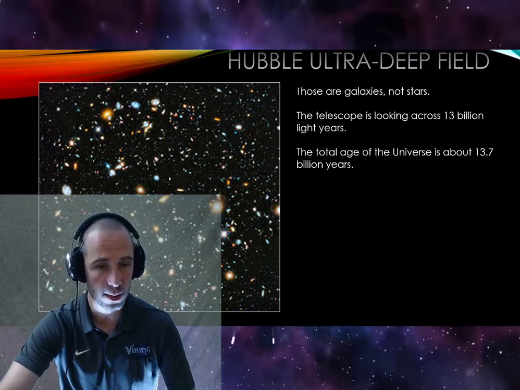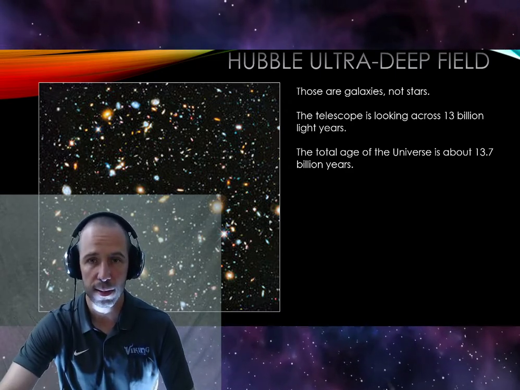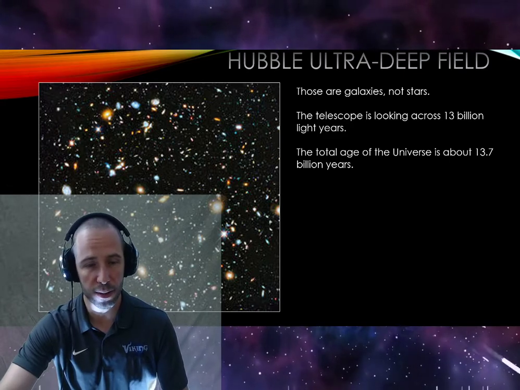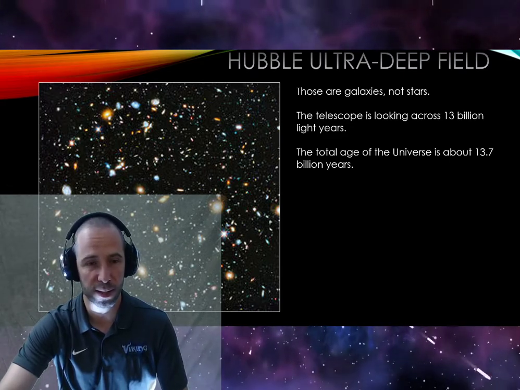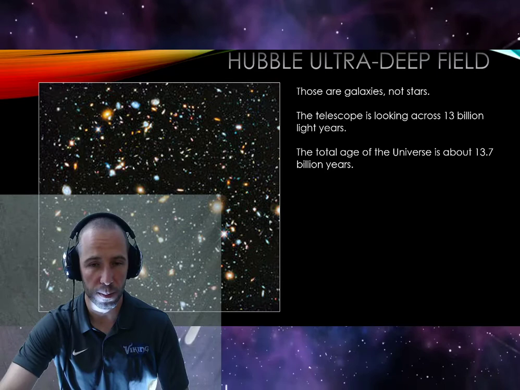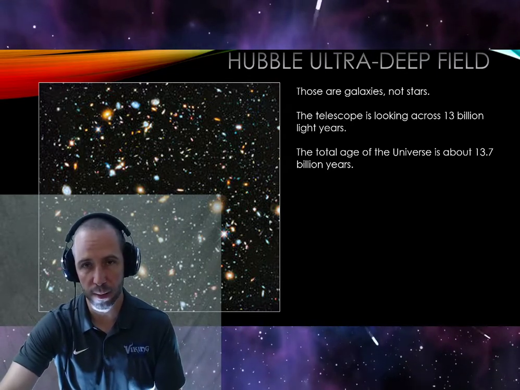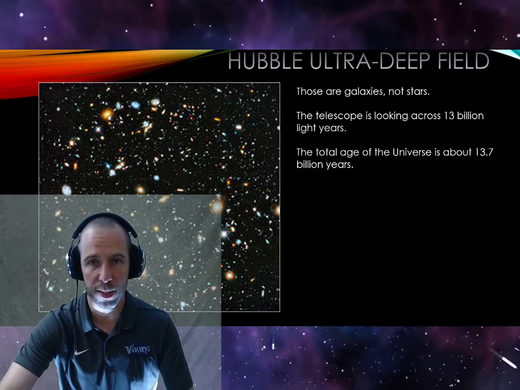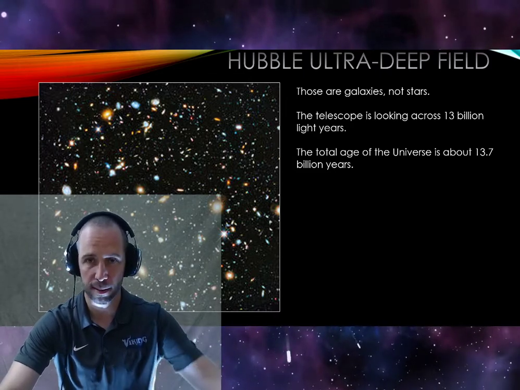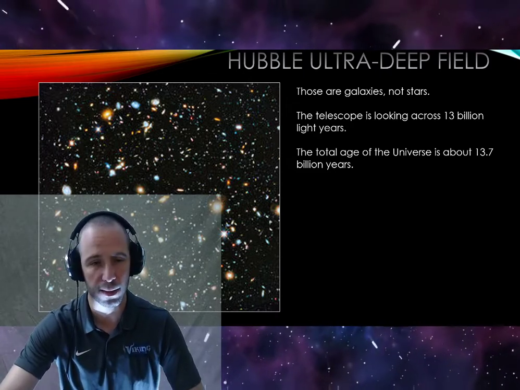So each of these things in the picture, by the way, is also a galaxy, not a star. This is already millions of stars or thousands of stars, however big these galaxies are. So this is a picture of many, many galaxies spaced out relatively close together from 13 billion years ago, just because of the vast distance we looked across. I hope that concept makes sense.